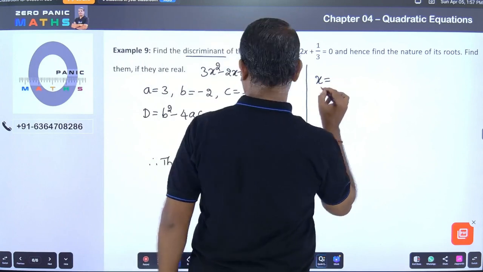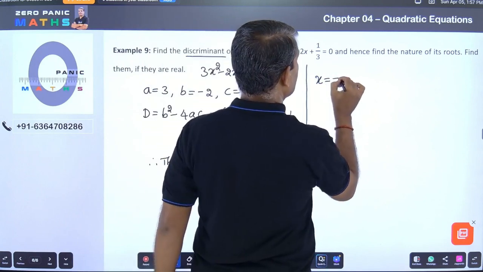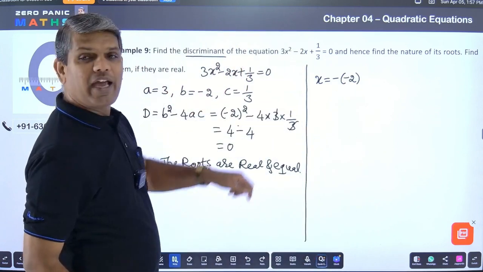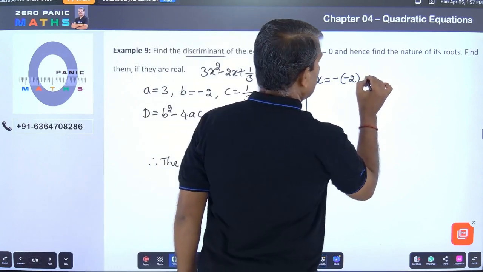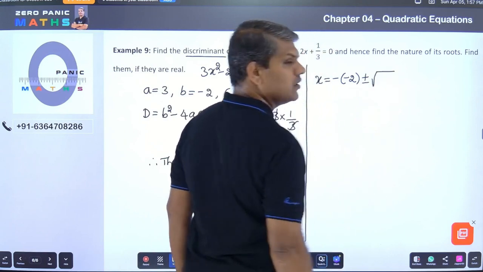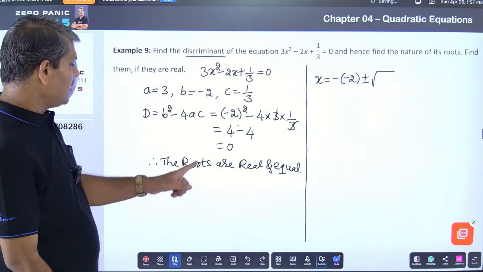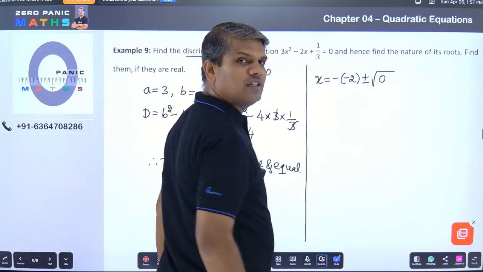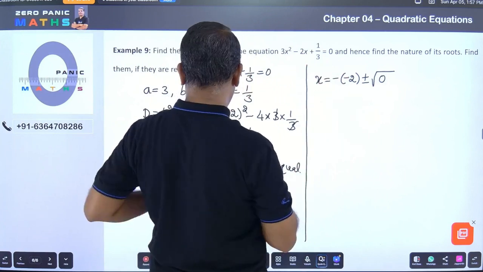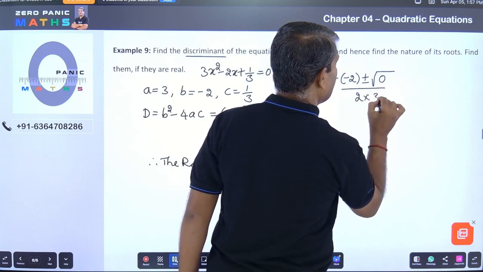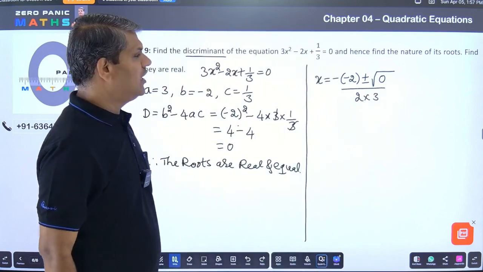Minus b is minus of minus 2, because b is already minus 2. The square root of the discriminant, b square minus 4ac, is 0, divided by 2a, where a is 3, so 6.